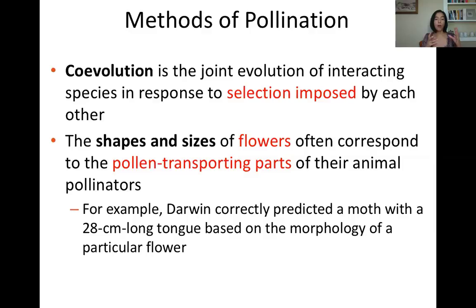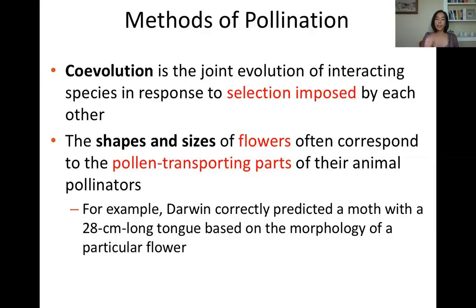Hummingbirds usually pollinate tubular flowers, right? They have this long beak that enters, and it's almost like a key in a door that just fits very nicely. Not all of the plants have this precision, or not all of the interactions.